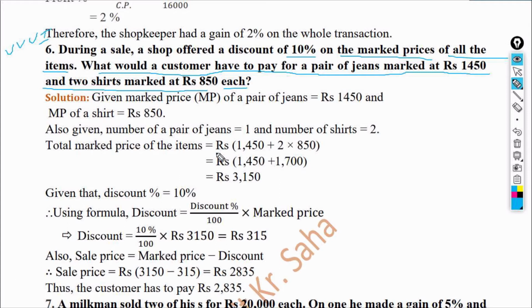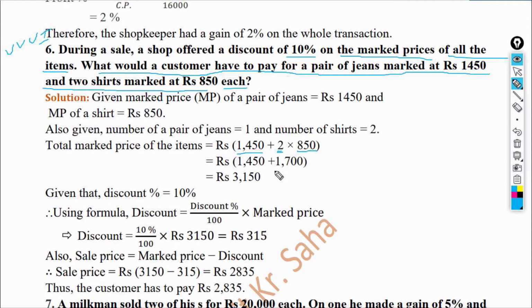That is, for a pair of jeans, rupees 1,450, and two shirts, 850 for each shirt.